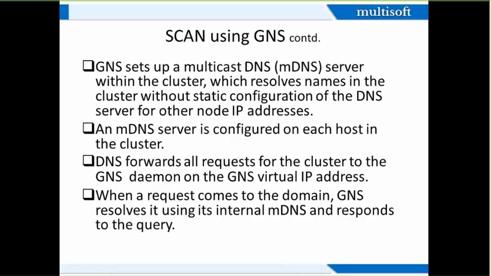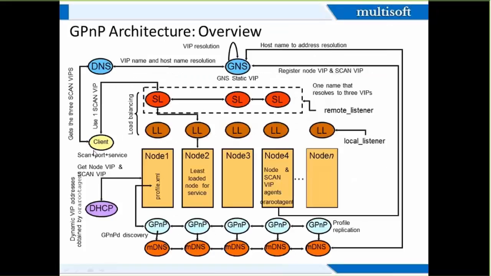That information is gathered by GNS and transferred to DNS again, and DNS transfers that request to the client. The client automatically sends that request to the node where that SCAN listener is running, and that SCAN listener will transfer the request to the least loaded node through the local listener.